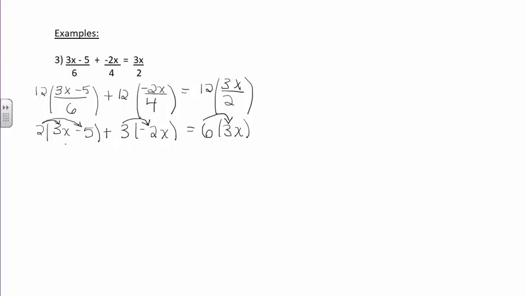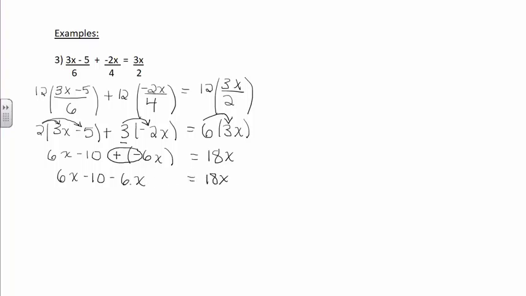So we end up with 6x minus 10 plus minus 6x equals 18x. And again, we can just simplify this to a minus sign. So we're actually at 6x minus 10 minus 6x equals 18x.